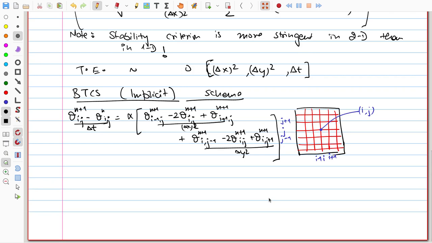So I can just move around the terms and write it in a different way in terms of gamma.